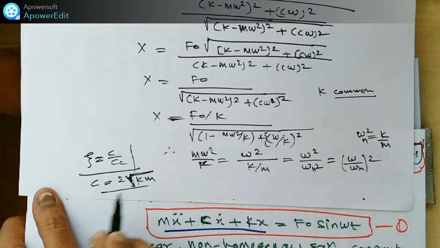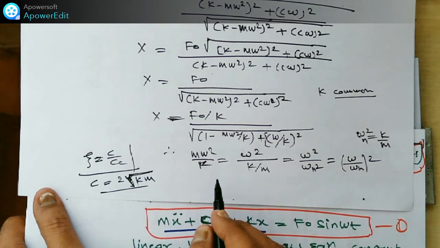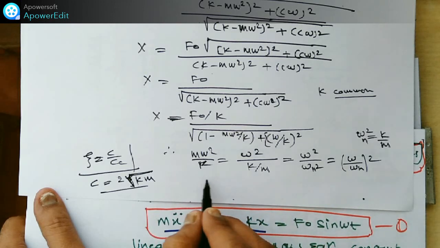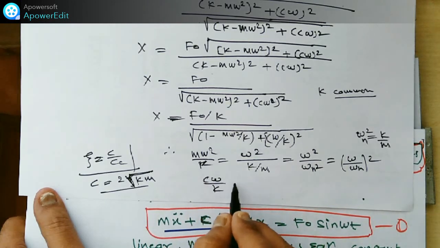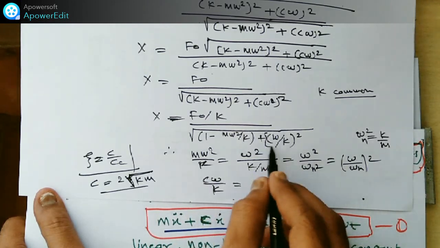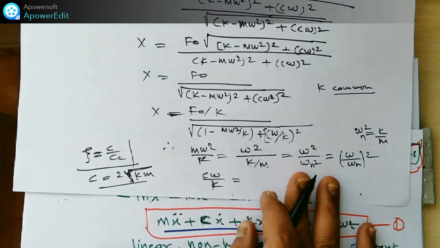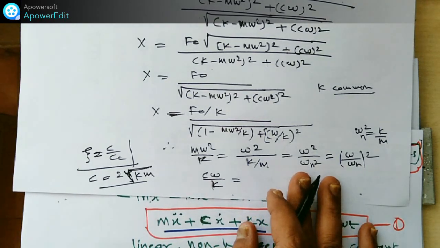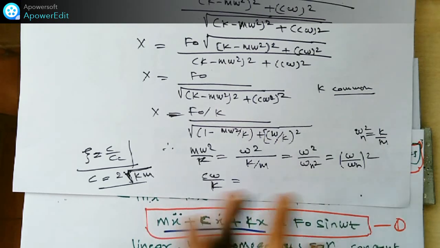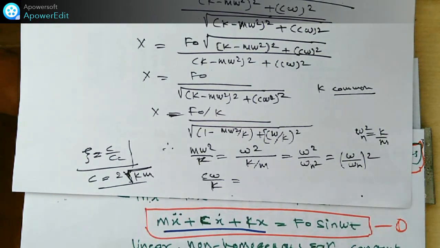These two terms we have already studied. Here the term c omega by k we are solving now.